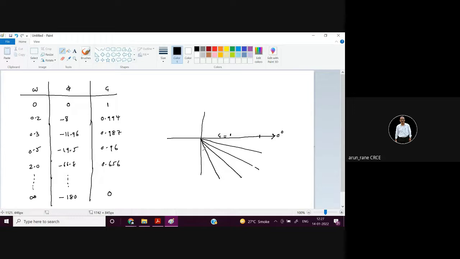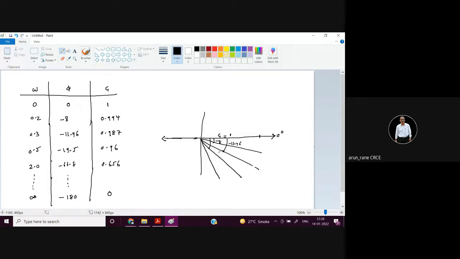This minus 180 is this. So this is minus 8, then minus 11.96, then minus 19.5, and so on.